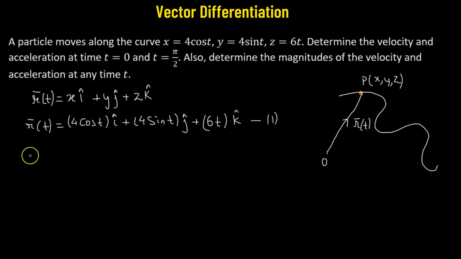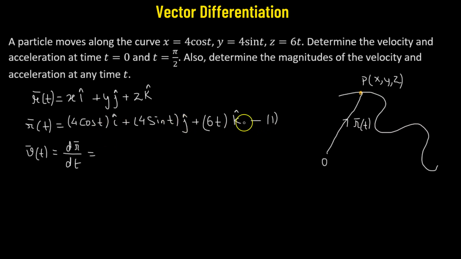Now we will find the velocity of the particle. To find the velocity, we take the time derivative of our position vector r, so we take the derivative of each term on the right hand side of equation number 1.